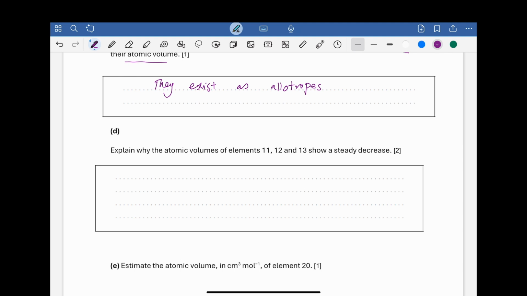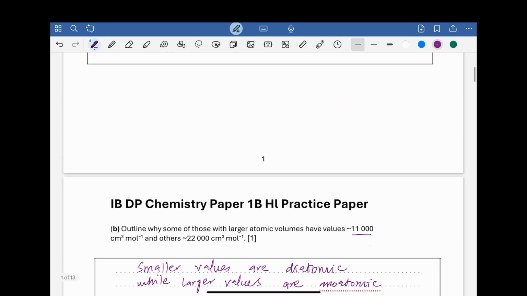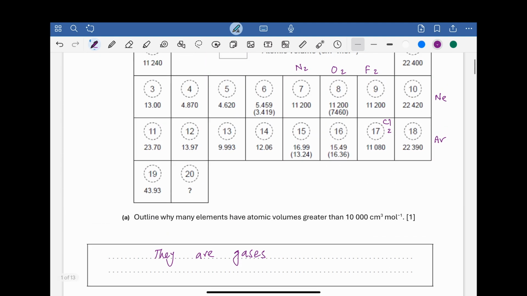D. Explain why the atomic volumes of elements 11, 12, and 13 show a steady decrease. So let's go back and have a look. 11 is sodium, 12 is magnesium, and 13 is aluminum.